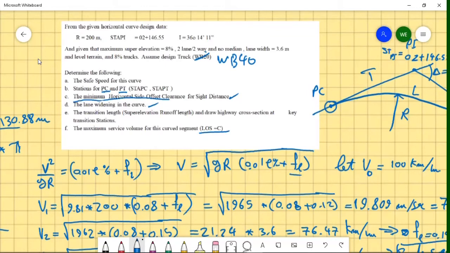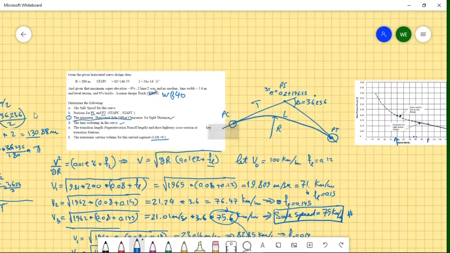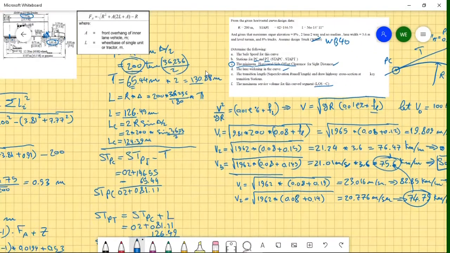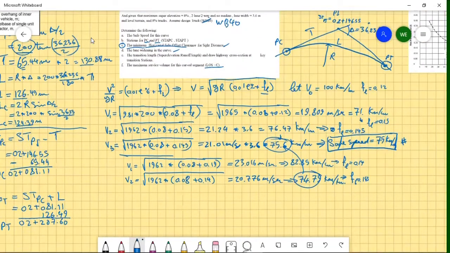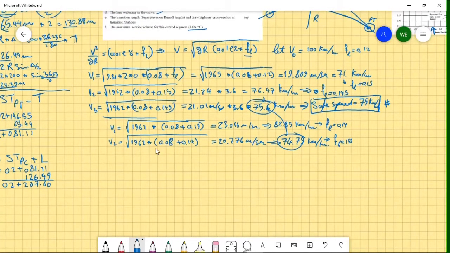So let's go back and just calculate this minimum horizontal side offset, side distance offset. Here, what we have is the speed that we calculated last time. It was 75 kilometers per hour.